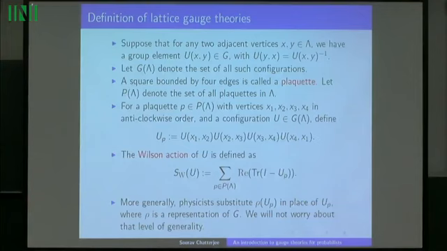When you take the trace, the sum of the eigenvalues, it's always less than the trace of the identity, which is just N. So it's trying to make the plaquettes, the products of the matrices along these four edges, as close to the identity as possible if beta becomes larger. That's what it's trying to do.